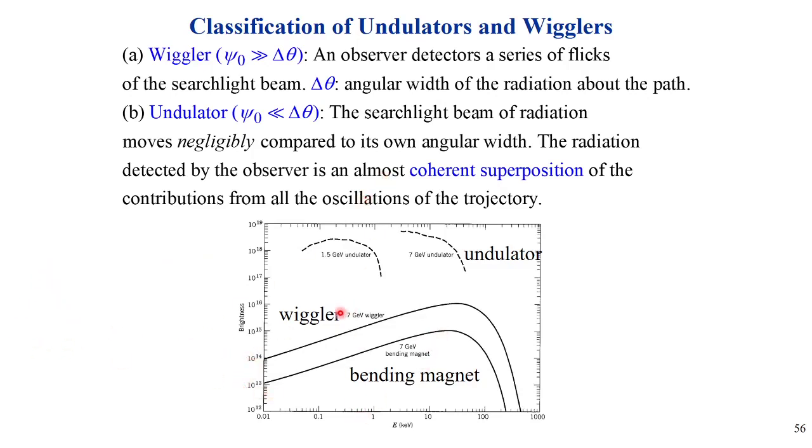Wiggler, many bends. Undulator, even many more bends. Therefore, the intensity for the undulator is much, much higher. So it depends on what you want, it depends on your applications.